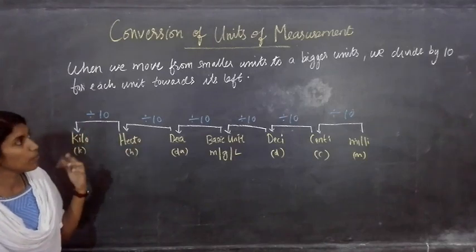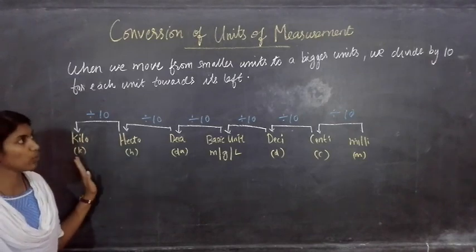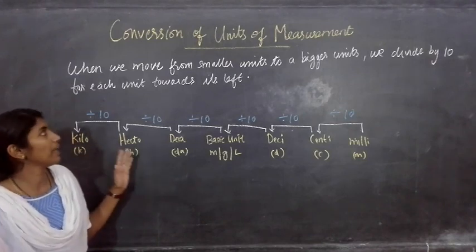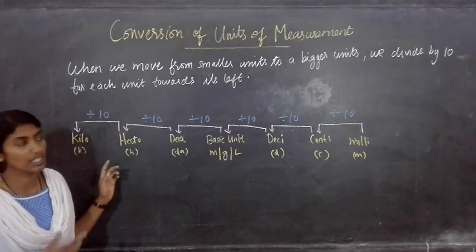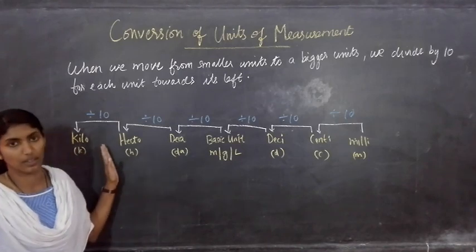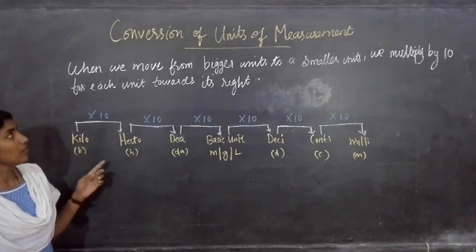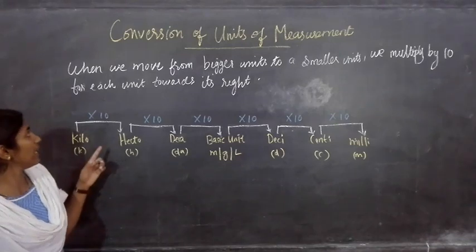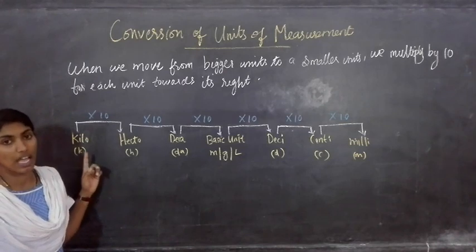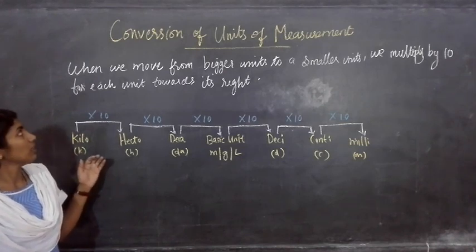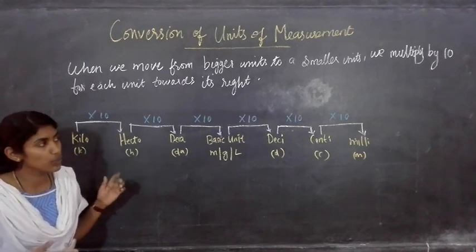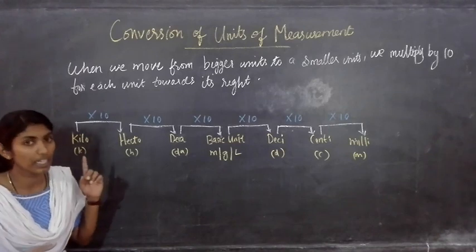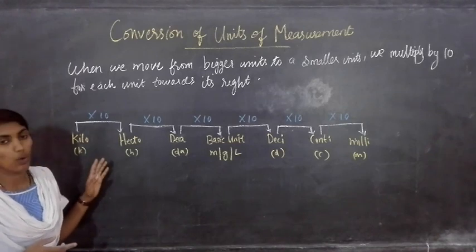That means when we move from smaller units to bigger units, we divide by 10 for each unit towards its left. Then when we move from bigger units to smaller units, we multiply by 10 for each unit towards its right.